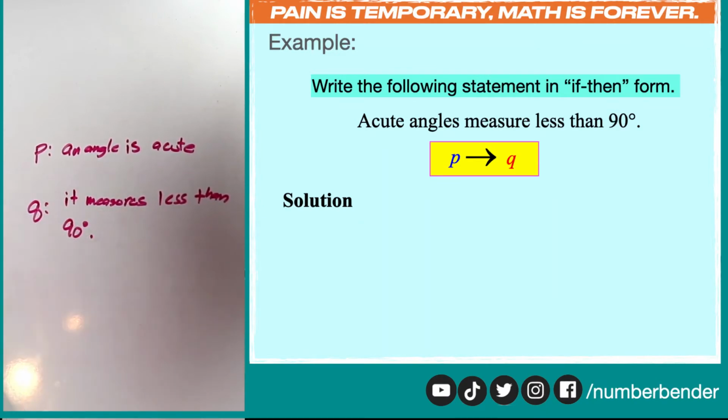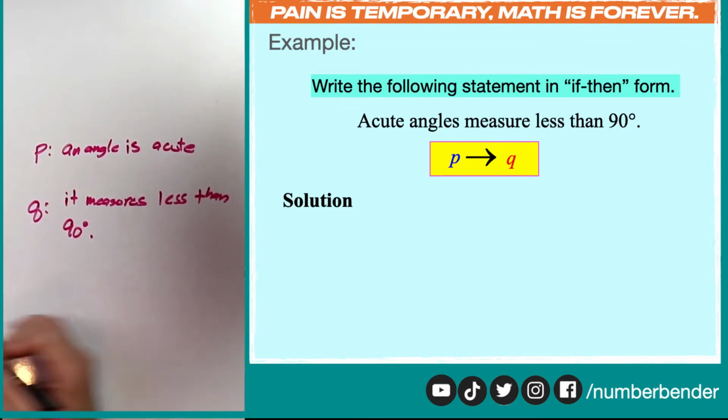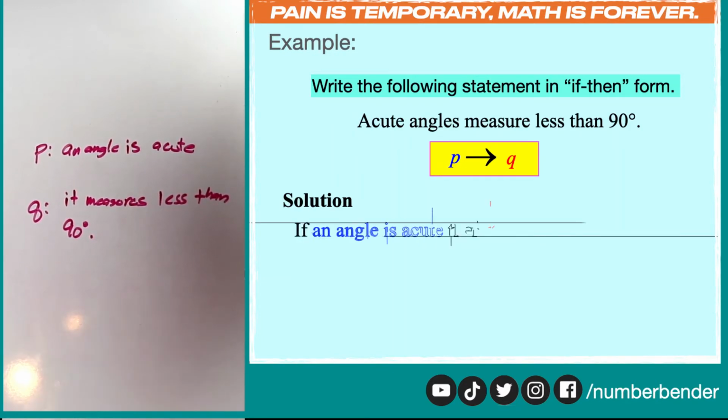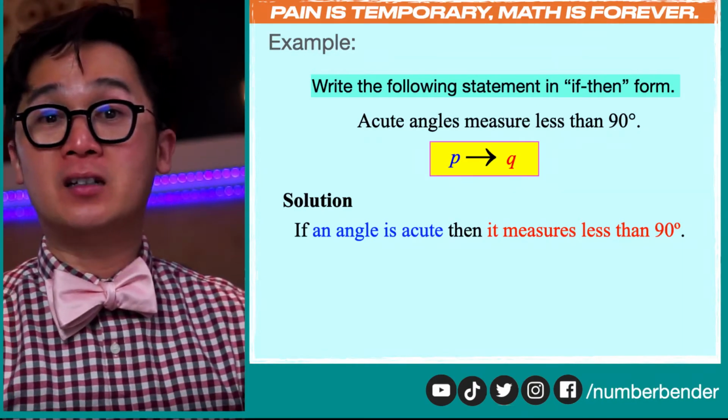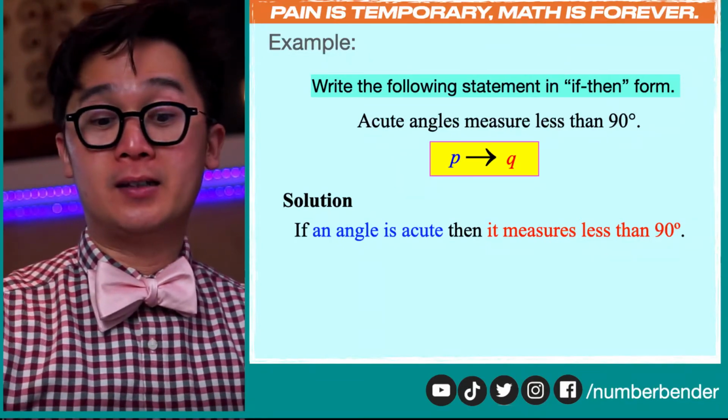And now that we have our P and Q, we can now write this in if-then form because we're able to identify the conclusion and the hypothesis from this statement. So: if an angle is acute, then it measures less than 90 degrees.